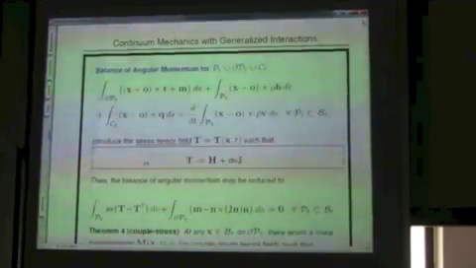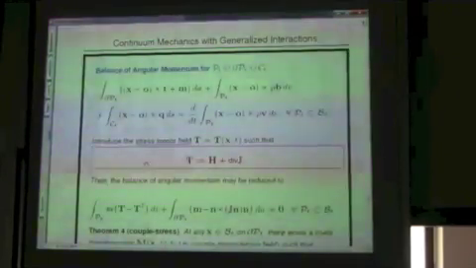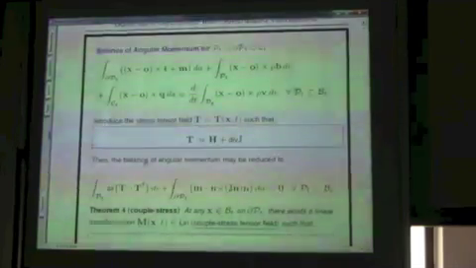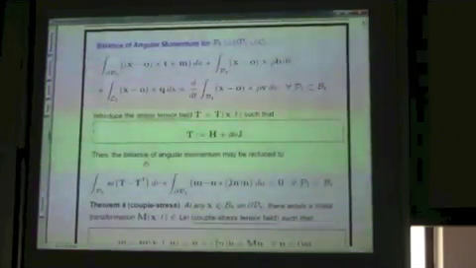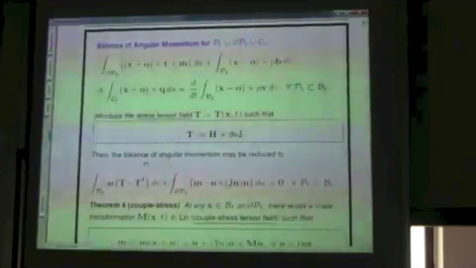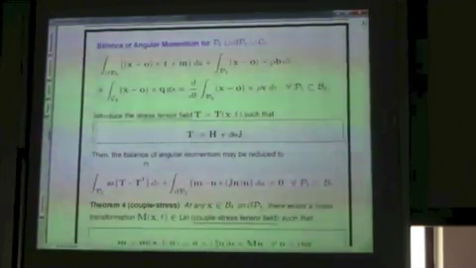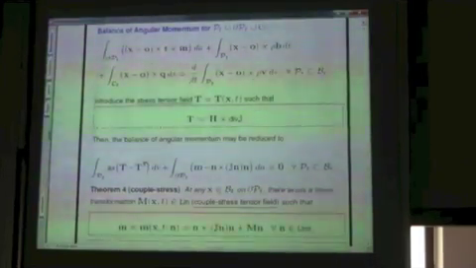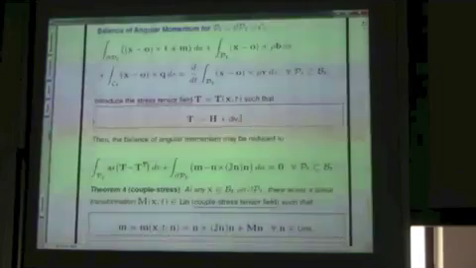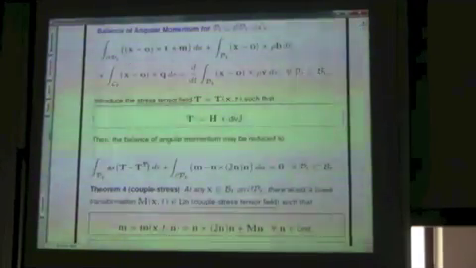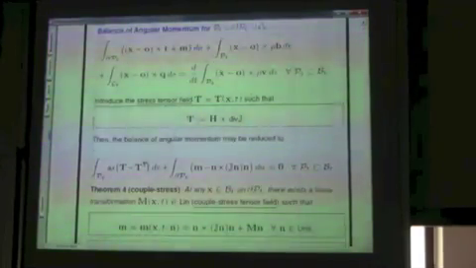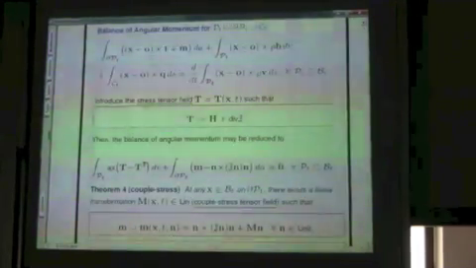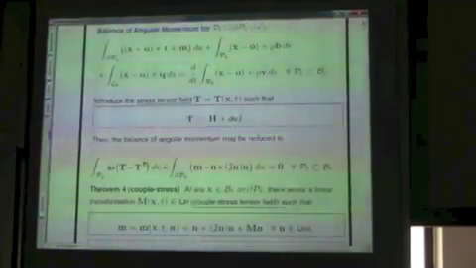Here you could use actually Cauchy's tetrahedron argument to show that there exists a couple stress tensor M, such that the integrand of the area integral, small m, is equal to capital M operating on N. All right? It has to exist in M to do that.